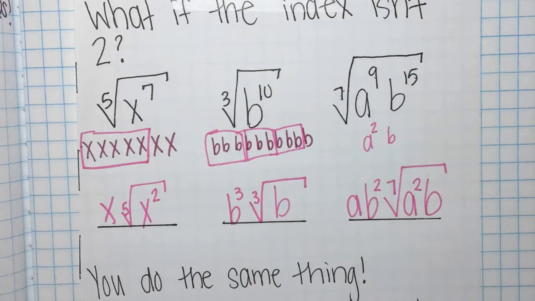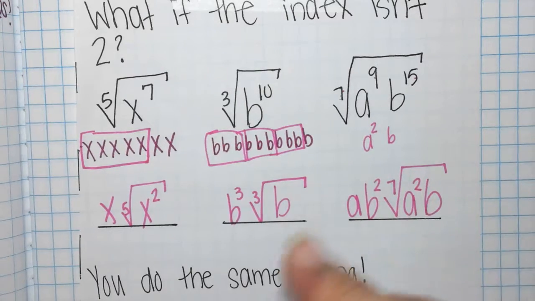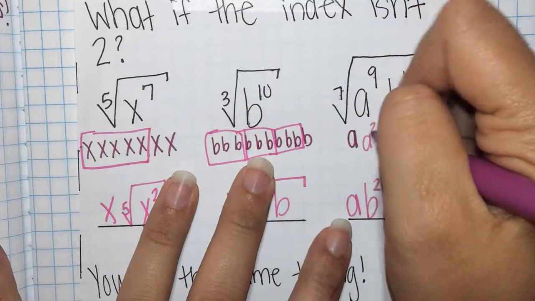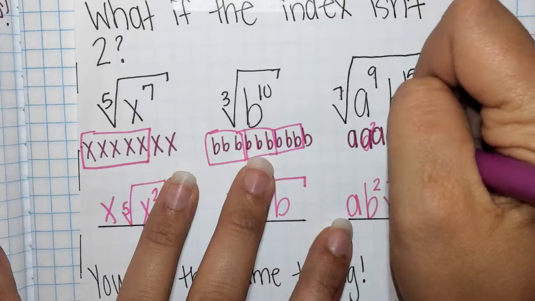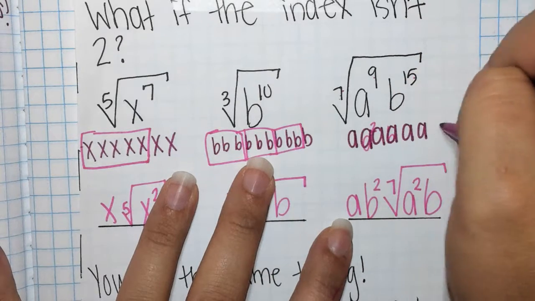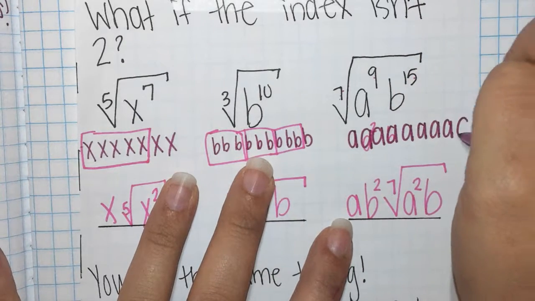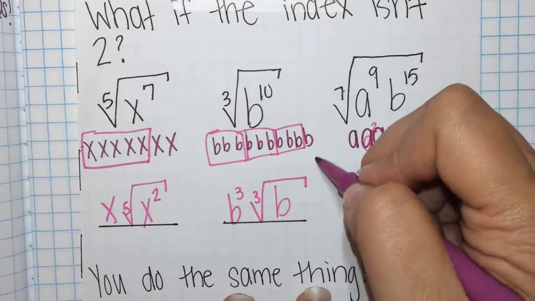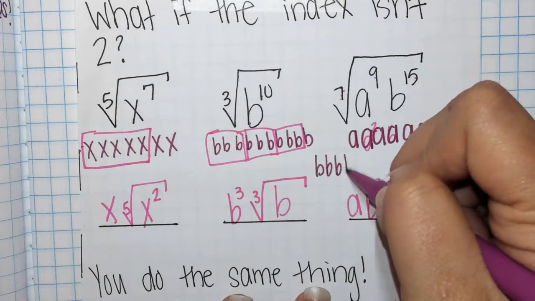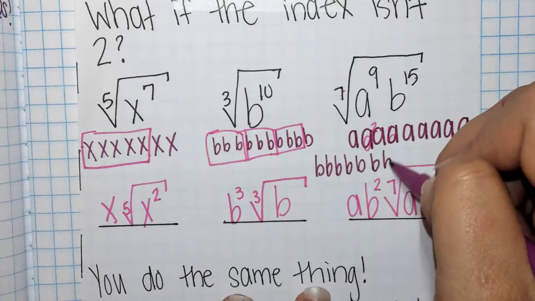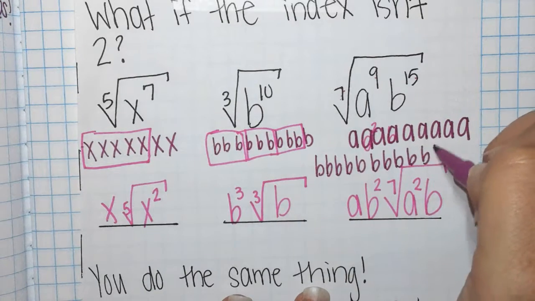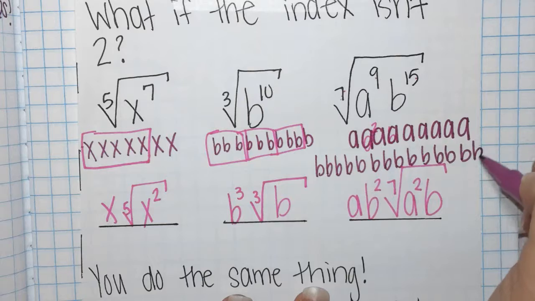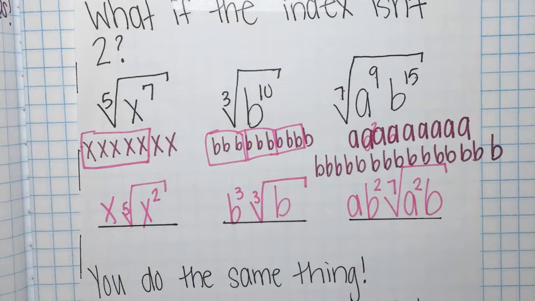Now, if you can't do it that way, what could you do? Draw out 9 a's. 1, 2, 3, 4, 5, 6, 7, 8, 9. And then how many b's would you draw out? 1, 2, 3, 4, 5, 6, 7, 8, 9, 10, 11, 12, 13, 14, 15. Okay.